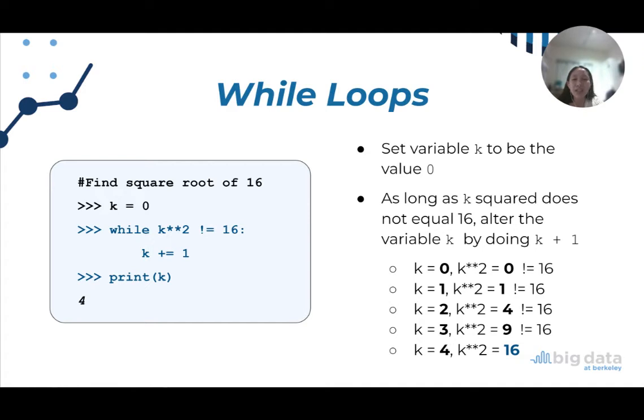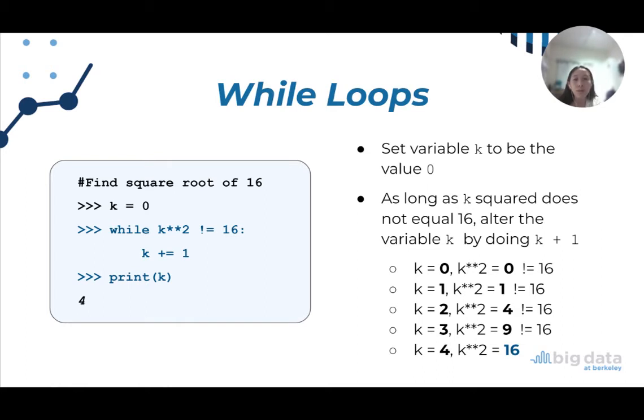So in this condition, it would be k to the power of 2 doesn't equal 16. So as long as k is not negative 4 or 4, doing the math, since the root of 16 is 4, so as long as k is not 4 or negative 4, it will be true.